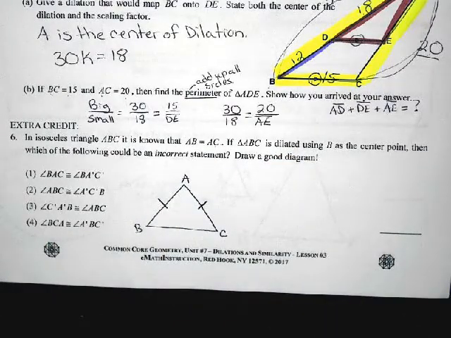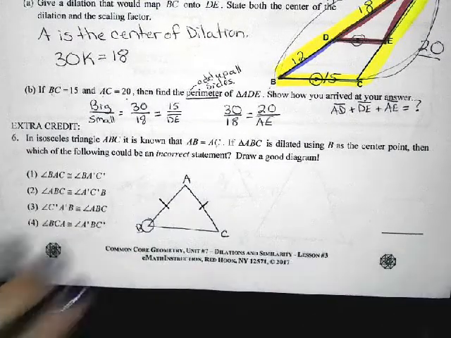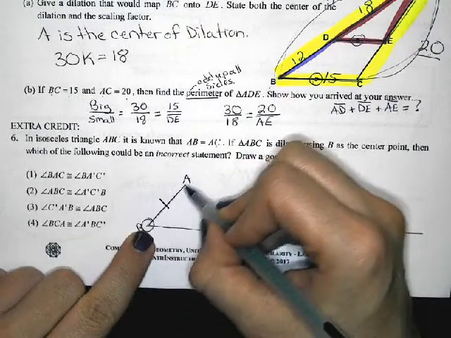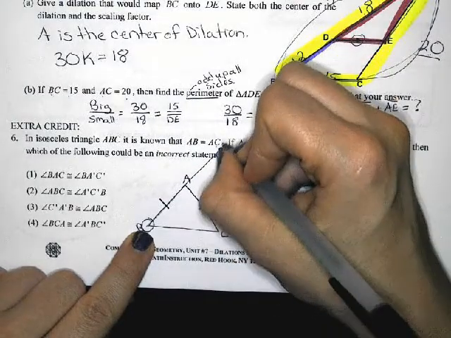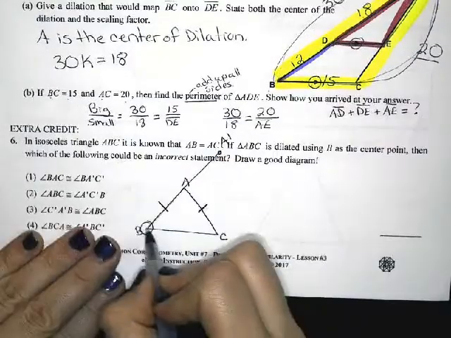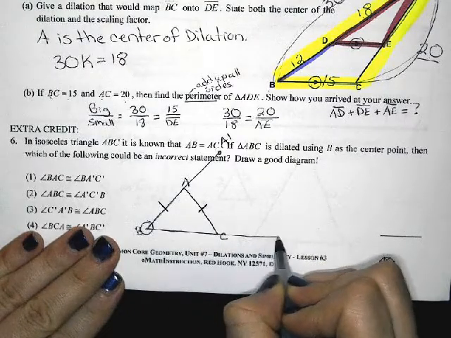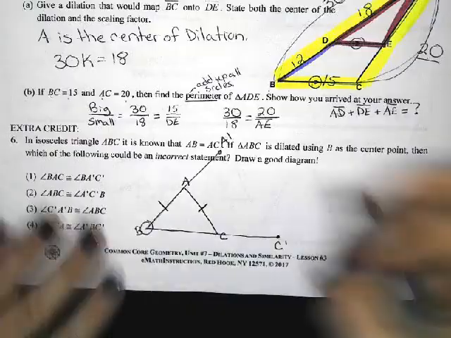Now it's being dilated by using B as the center point. So that means that BA is going to extend out. I'm going to put right there, I'm going to label this as A prime. It also means that BC is going to extend out, C prime.